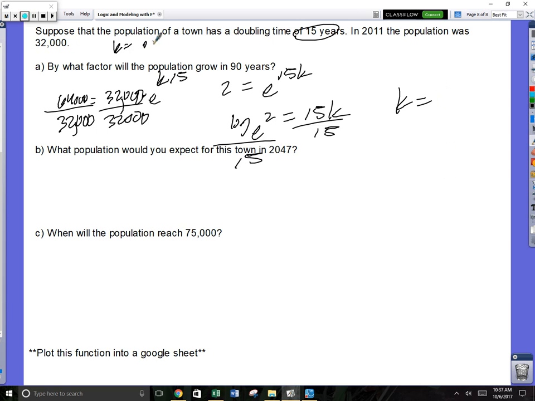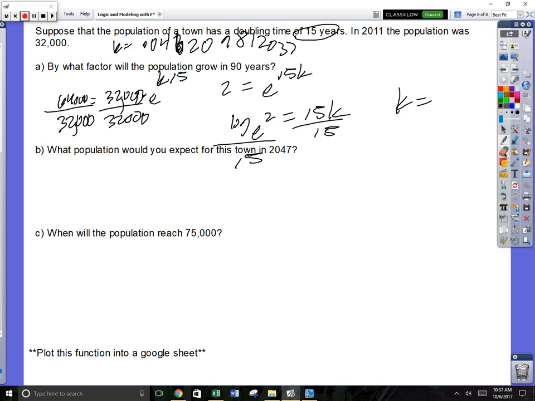Our k is 0.04620981237. Alright, so I'm going to put that in the bank. It's on my calculator, I can scroll up and grab it. So don't round until the very, very end.